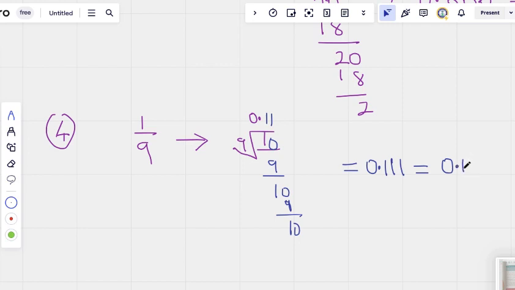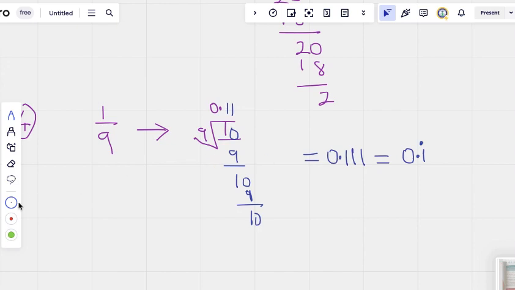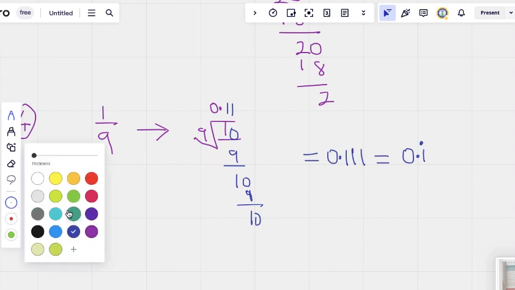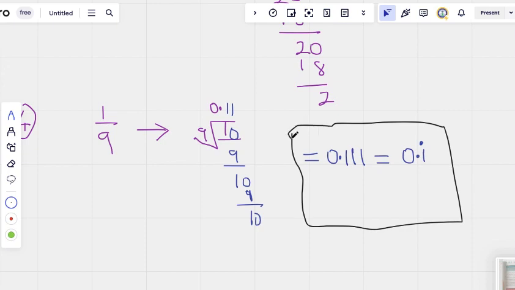If you don't convert to decimal, you will not know whether it's a recurring decimal. Now you can see this is recurring. It's not a terminating decimal. So you write recurring decimal.